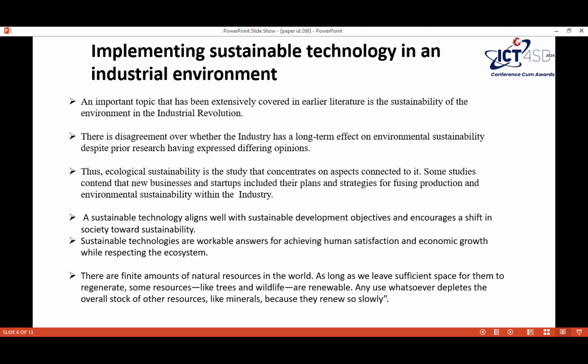Also, there is a finite amount of natural resources in the world. As long as we have left sufficient space for them to regenerate, some resources like trees and wildlife are renewable, but the overuse of them may likely damage our ecosystem.